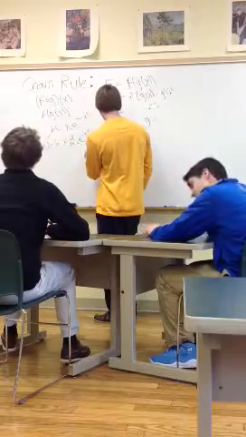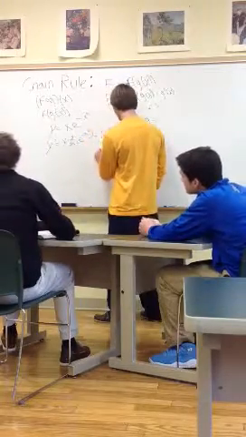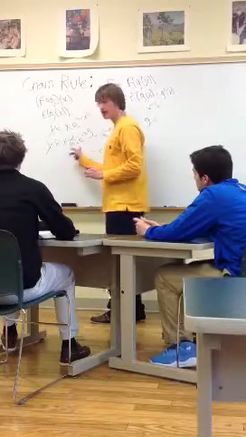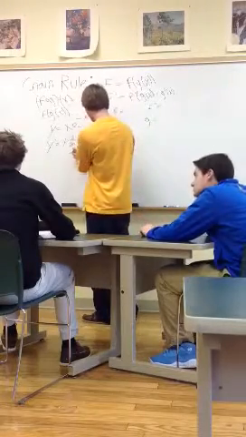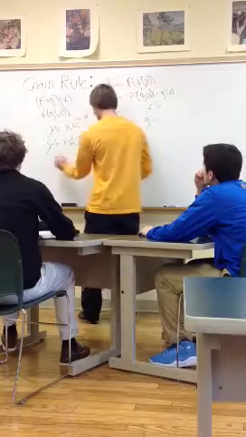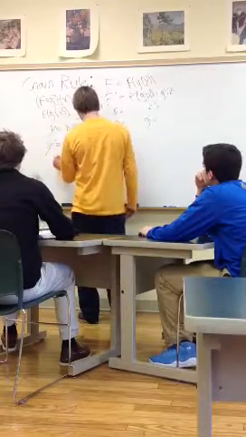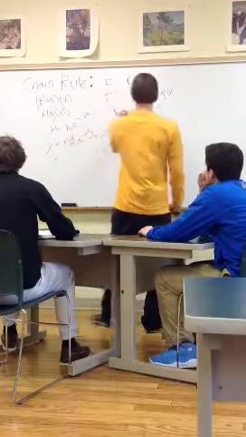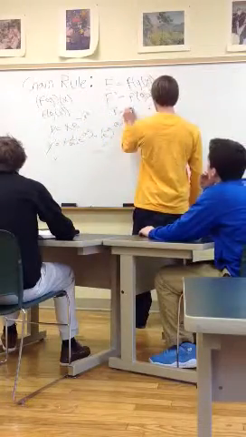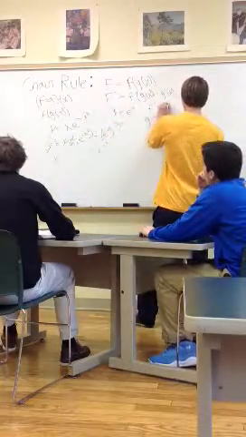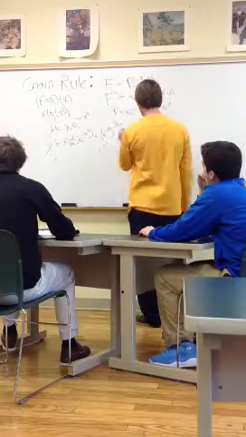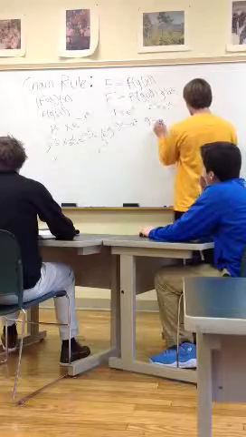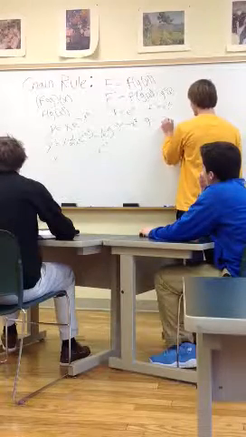Now, this over here is obviously just e to the negative x squared, and over here we have to do the chain rule on this term to find the derivative of it. So we have the inner function is e to the x, and the derivative of that is obviously just e to the x, and the outer function is negative x squared, and the derivative of that is 2x.